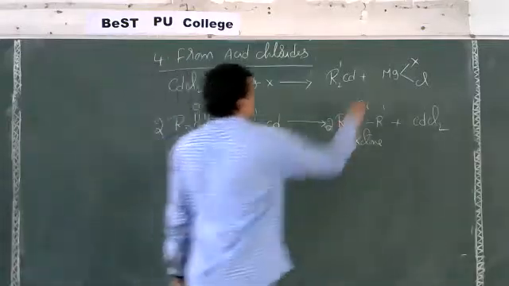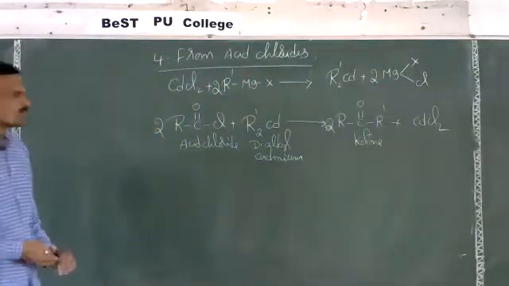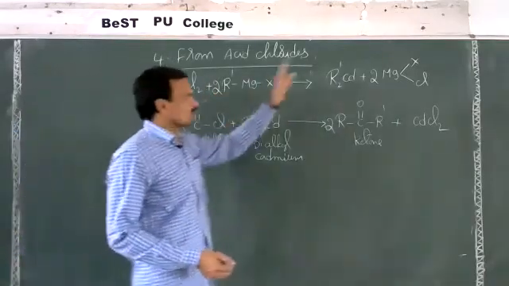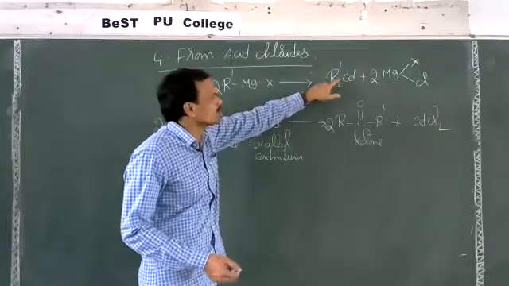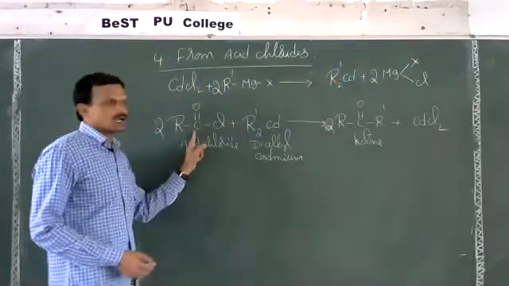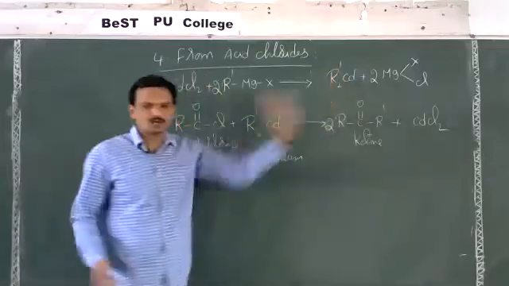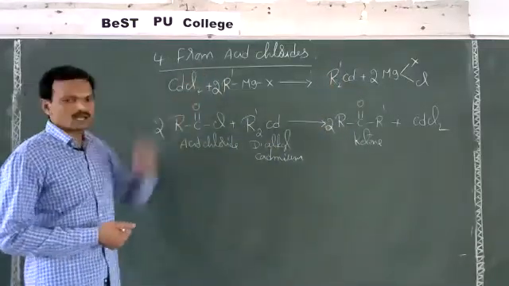Take 2 moles here, 2 moles. This is the balanced equation. So cadmium chloride reacts with the Grignard reagent to give dialkyl cadmium, and this dialkyl cadmium when reacting with acid chloride gives ketones. So this is the general equation for the preparation of ketones from acid chlorides.